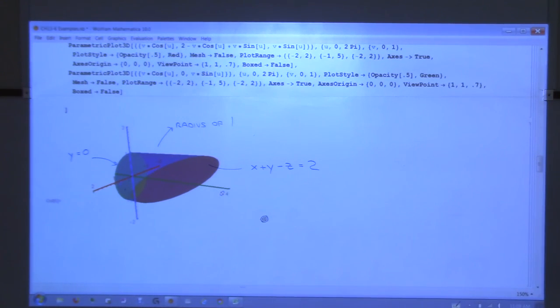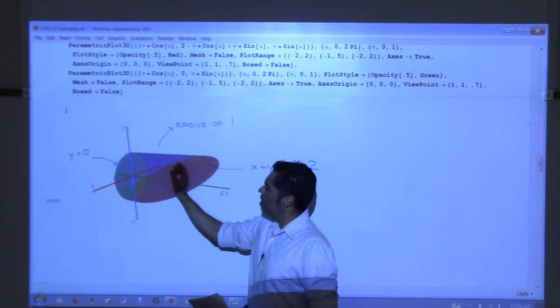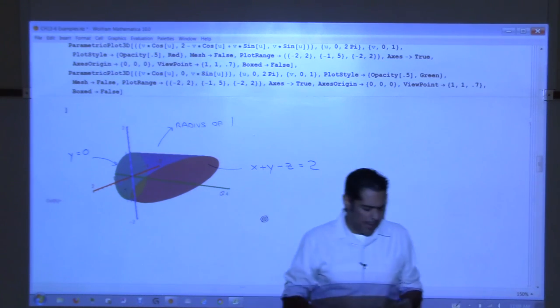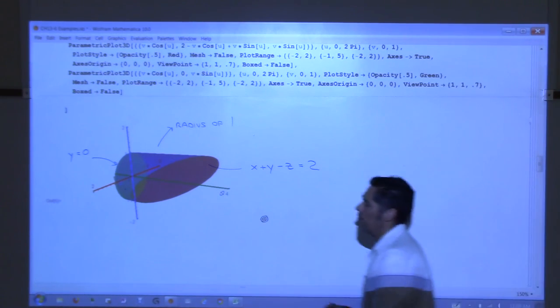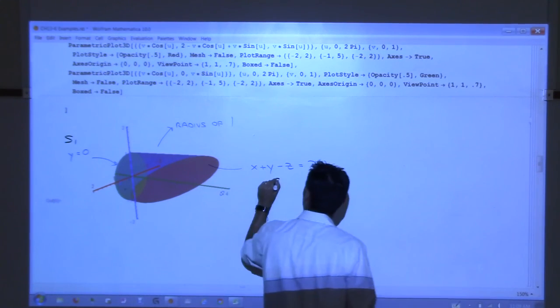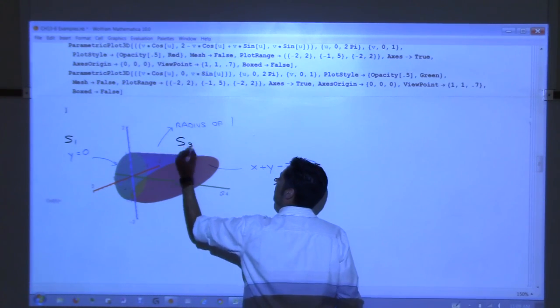The back cap, this front kind of slanted cap, and then the cylinder itself, right? That's been cut. All right, so let's start with the easiest surface. What do you think is the easiest surface there? The y equals 0. Let's call that one S1, surface 1. Let's call this one over here surface 2, and the actual cylinder surface 3.